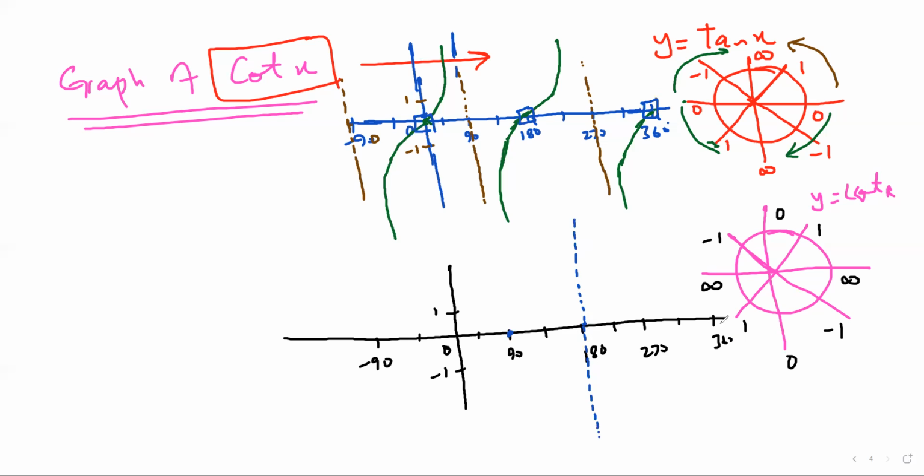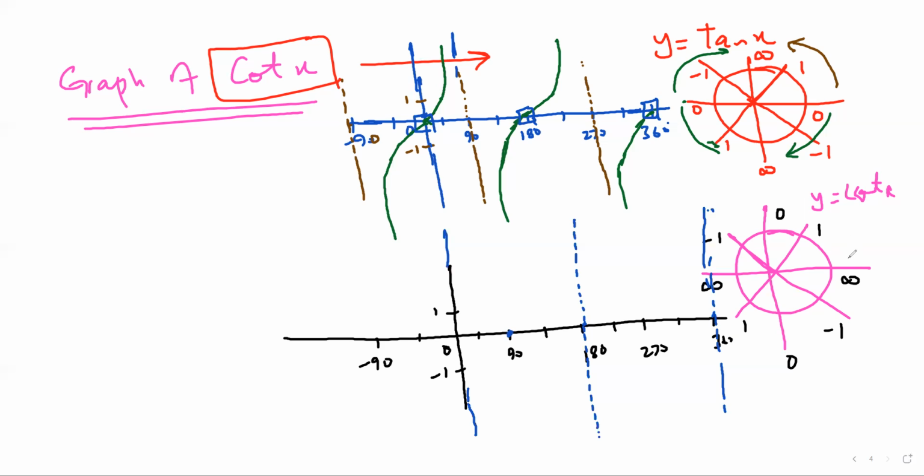Simple as that. So you will have an asymptote here at 360 degrees as well, and there is already an asymptote here at this vertical axis. So this is basically acting as an asymptote. This is going to be at 0 here. You see, from infinity you have to go down to zero.